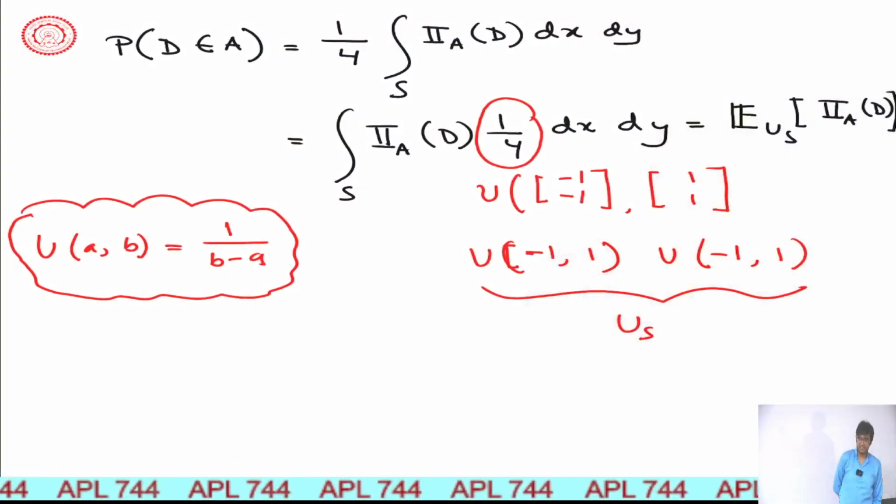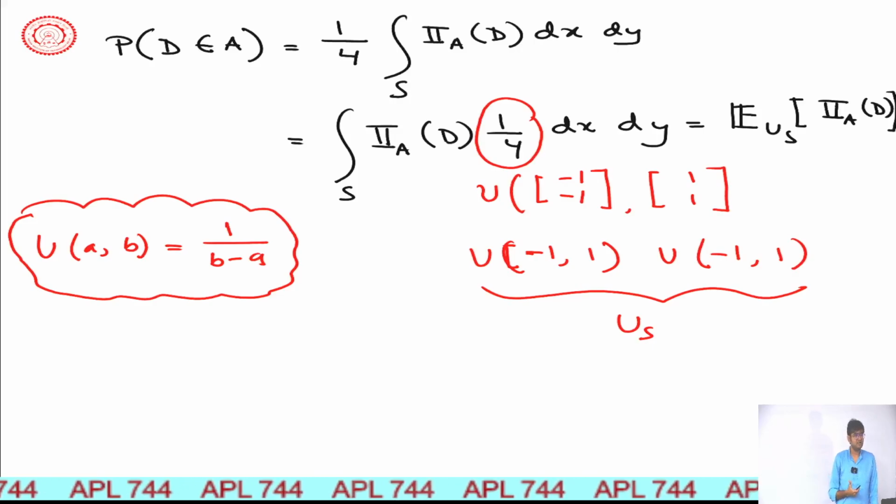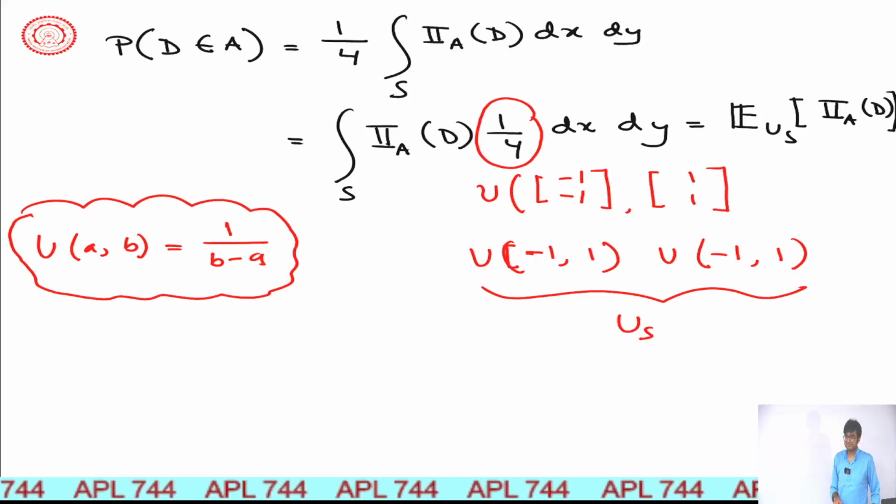Right? So we have proved that the probability computation, because the probability is what we want to compute at the top left, boils down to computing an expectation. Right?